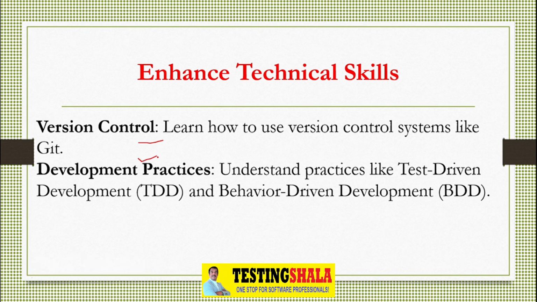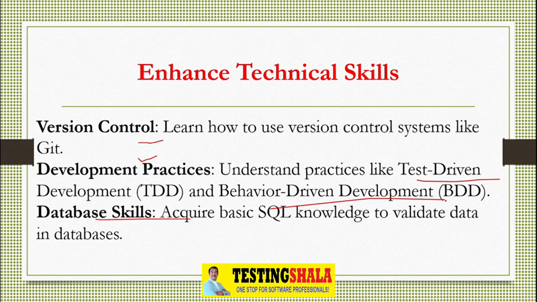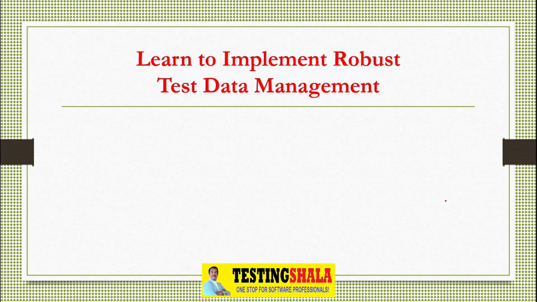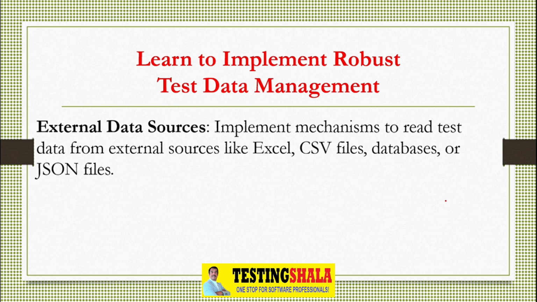It could be test-driven development or behavior-driven development methodologies. You should be well versed in those, and you should also acquire as much SQL knowledge as possible, because if you want to operate your automation scripts on the database, definitely you should have well-versed knowledge in SQL. And you should also learn to implement robust test data management. This is very crucial, because every test case has to run through various different combinations of test data.